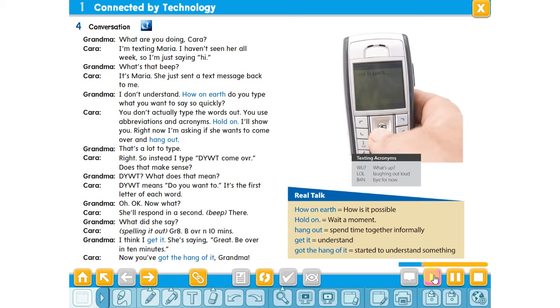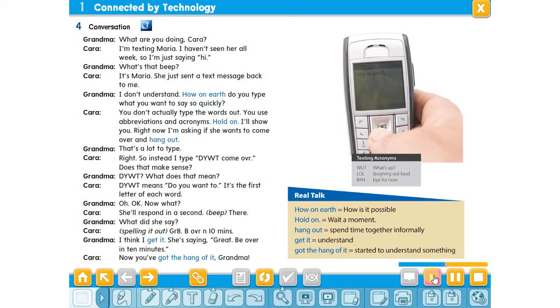You don't actually type the words out. You use abbreviations and acronyms. Hold on, I'll show you. Right now, I'm asking if she wants to come over and hang out. That's a lot to type. Right. So instead, I type DYWT, come OVR.